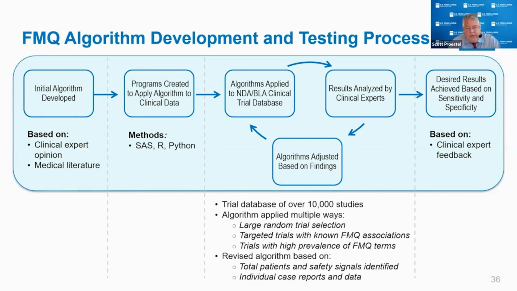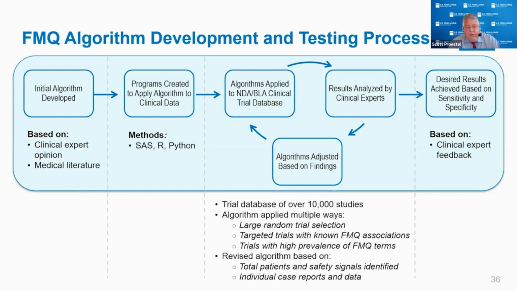We did use the trial database in multiple ways. Sometimes we used a large random selection of the trials. At other times, we used targeted trials with known FMQ associations, as well as trials with a high prevalence of FMQ terms.